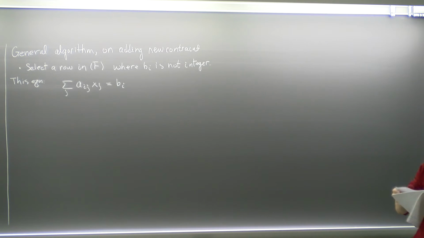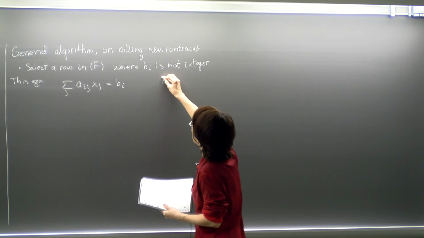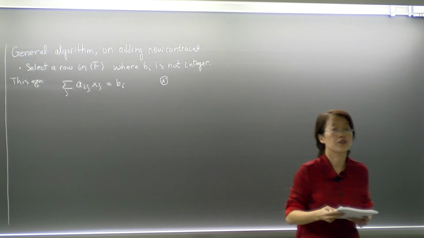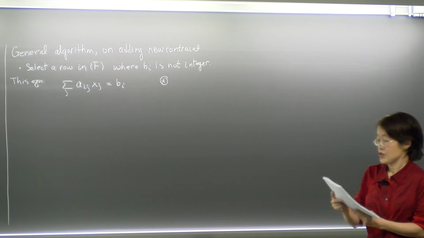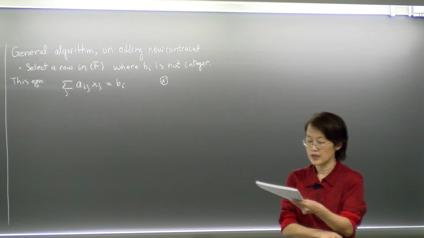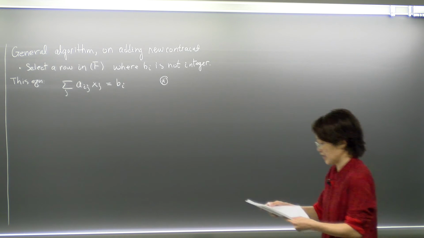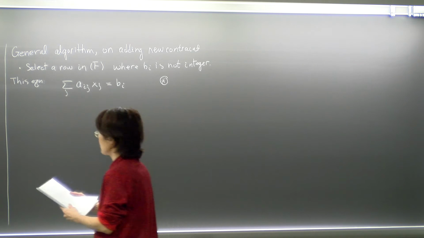Is that okay? This equation is important because I'm going to form a new constraint out of it. I apologize in advance, there'll be some annoying notation, but hopefully the algorithm is clear. I just have to write it with some notation.